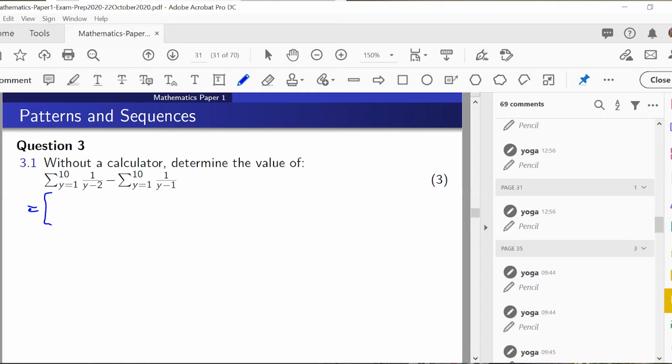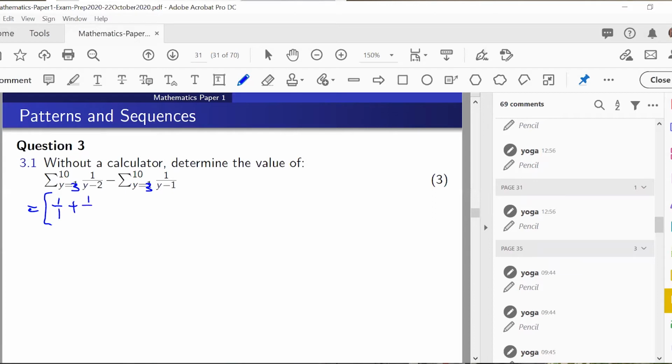It was supposed to be 3 and 3. Now if we substitute 3, we get 1 over 1.